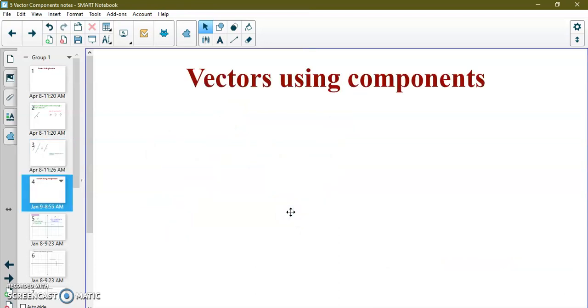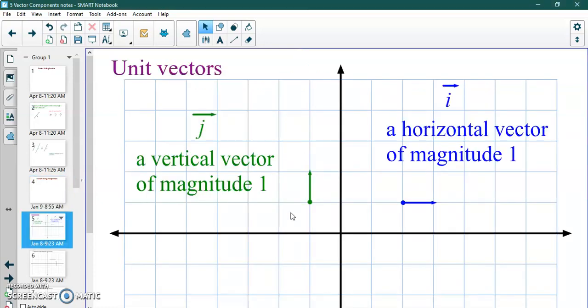All right, so a little bit more with vectors and components. First, we're going to look at unit vectors. So we've got two different unit vectors here, i and j. And the basic rules for an XY grid apply for our unit vectors. So the unit vector i represents a horizontal vector of magnitude 1. Notice how this one in particular is going to the right.